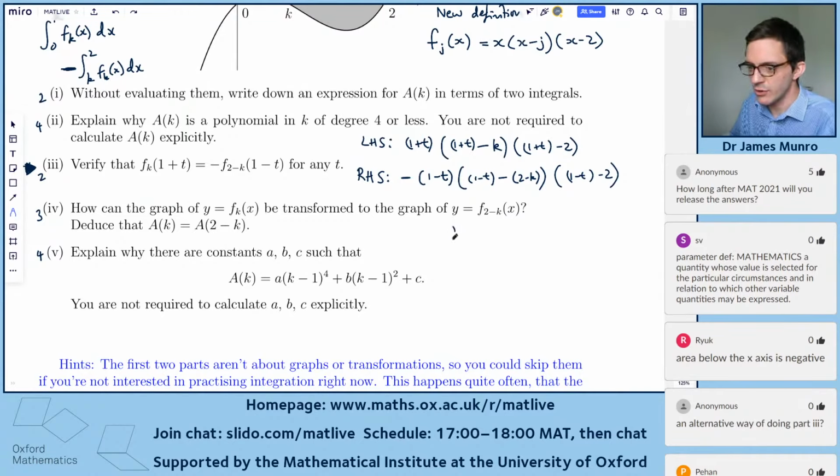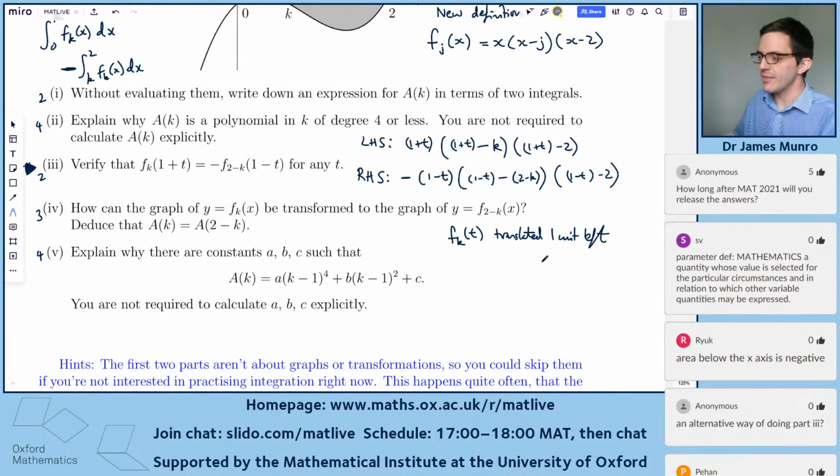Okay, so we've got f_k of t translated 1 unit left. By the way, that would give us a cubic with roots at -1, 1, and k minus 1. Okay, interesting. We'd get a cubic. Still got 3 roots. Interesting.